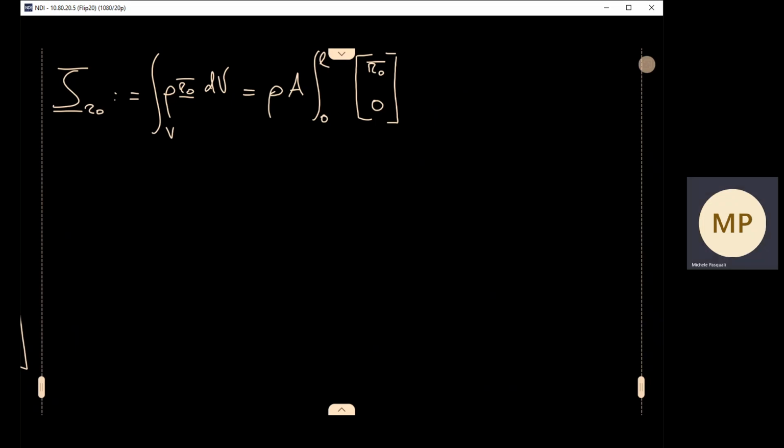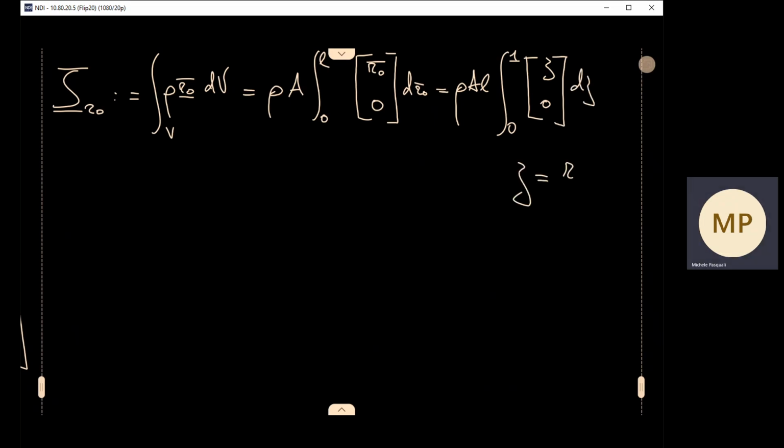And here we have the R0 over bar as a variable of integration. We can bring out rho A L, and then we integrate over the non-dimensional coordinate that we have already defined. Sorry, this is not xi, this is zeta.